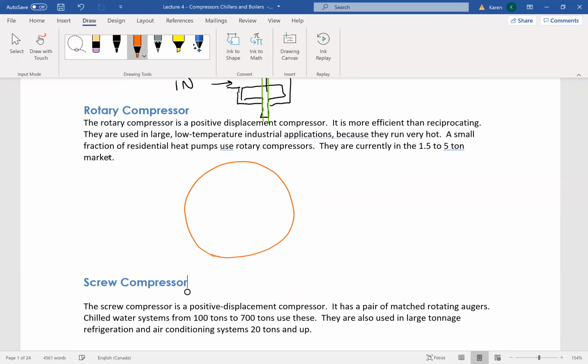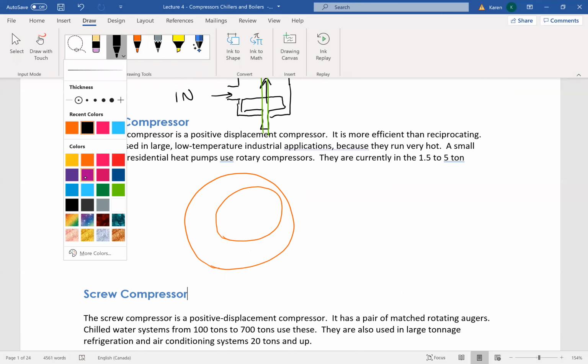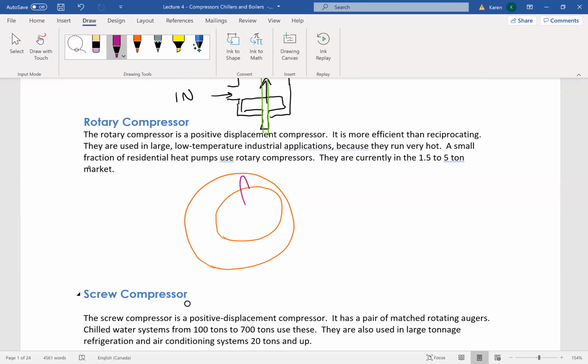And in a rotary compressor, you have sort of an offset shape inside that has vanes on it, and these vanes get compressed, like have a relative motion in and out, and this is like an offset cam situation, and the inlet is where the vanes are making a lot of space.